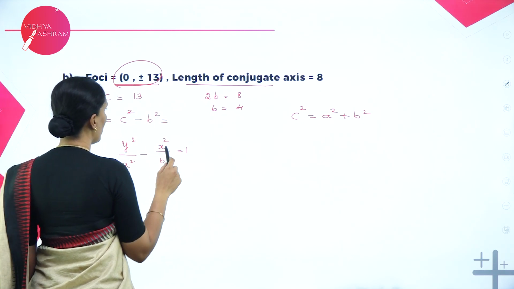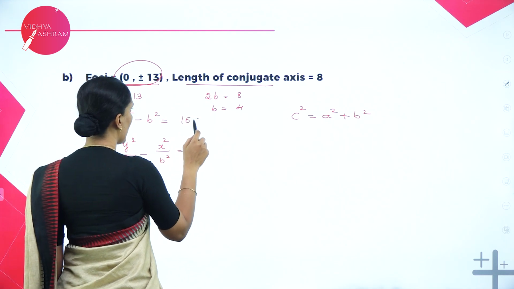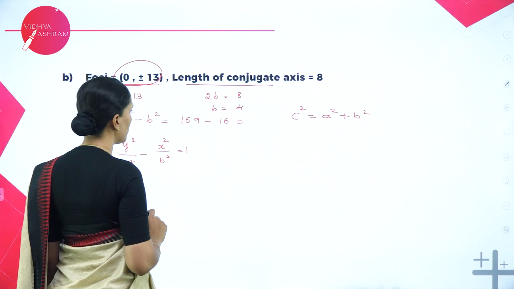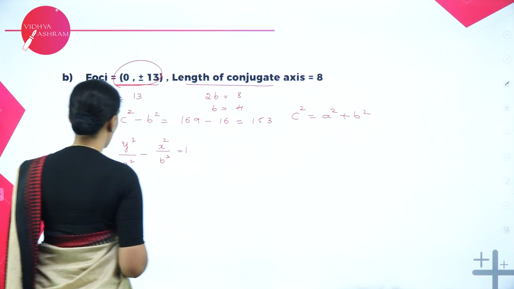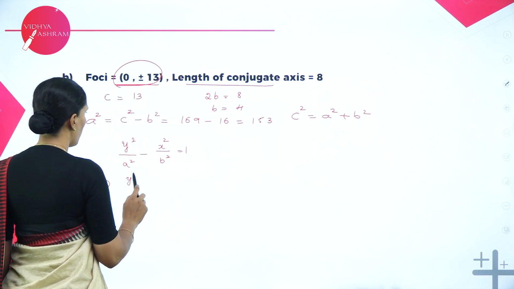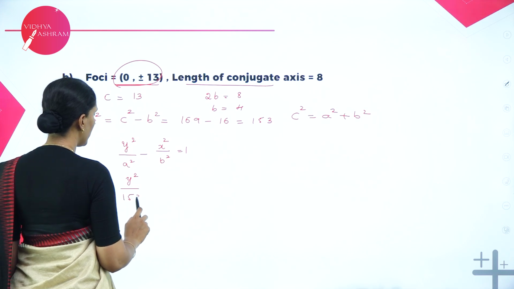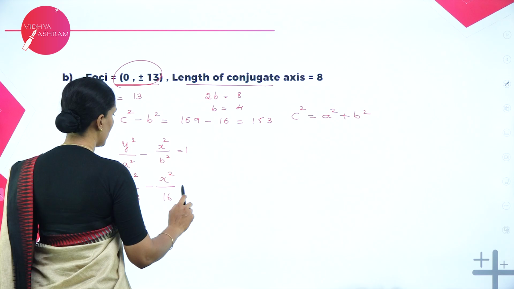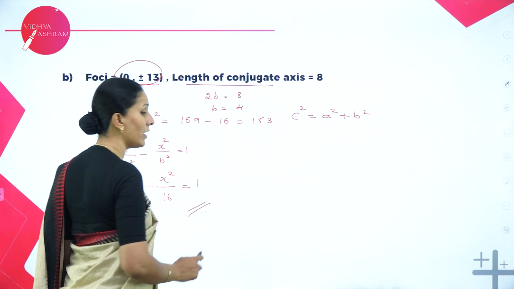So 13 square is 169 minus 4 square is 16. So therefore this is equal to 153. So this implies y square by 153 minus x square divided by 16 is equal to 1. So this is the required equation.